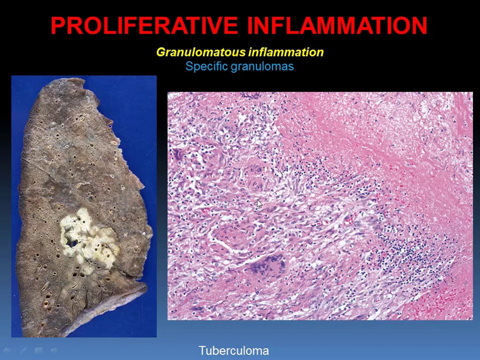So we see elongated epithelioid cells, spindle-like fibroblasts, cells of connective tissue, and the cells most specific for tuberculoma and some other types of granulomas, giant multinucleated cells. They have a specific name, Pirogov-Langhans cell. The feature of this cell is the location of nuclei in the periphery of the cell, resembling a horseshoe.